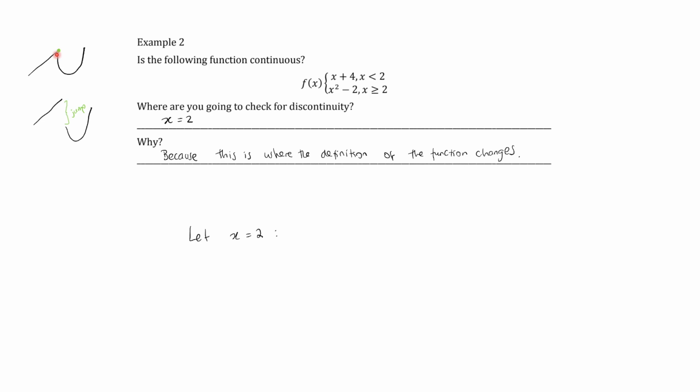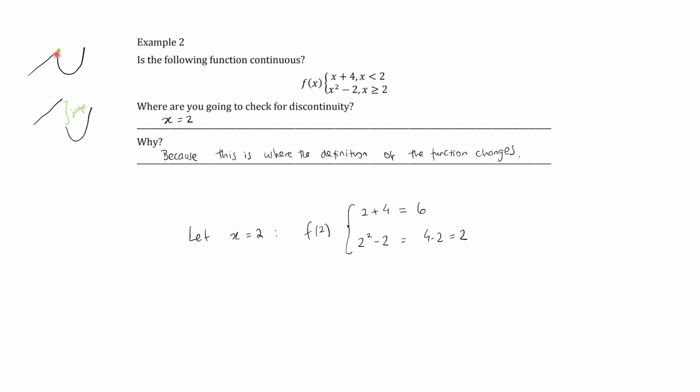f of 2 is going to be equal to 2 plus 4 for x is less than 2, which is going to be equal to 6, right? And then for x greater than or equal to 2, we are going to have 2 squared minus 2. This is going to be equal to 4 minus 2, which is equal to 2.